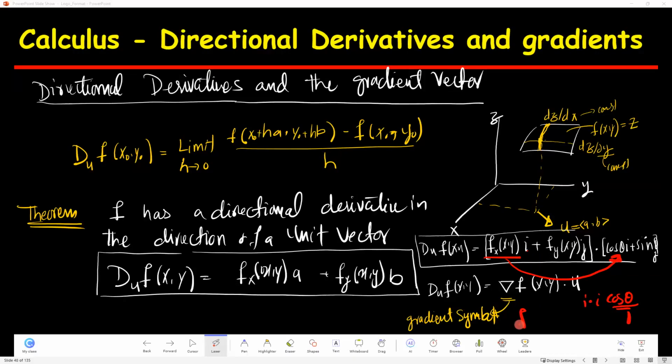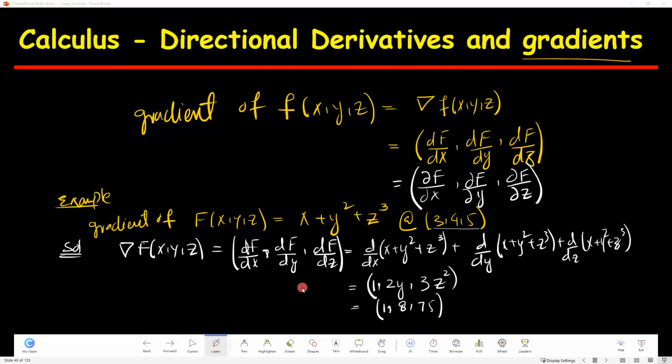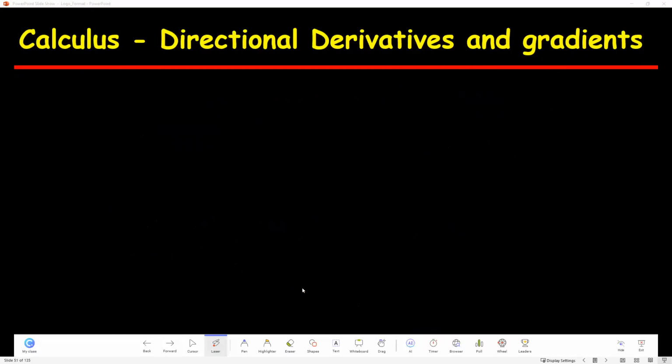So I'm going to write fx(x,y) cos theta. This i dot i turned out to be 1, so I don't write 1. So I just leave these two things together, plus this one multiplied by this, j dot j, which is 1. So I'm not going to write the 1. That is exactly what I did here.